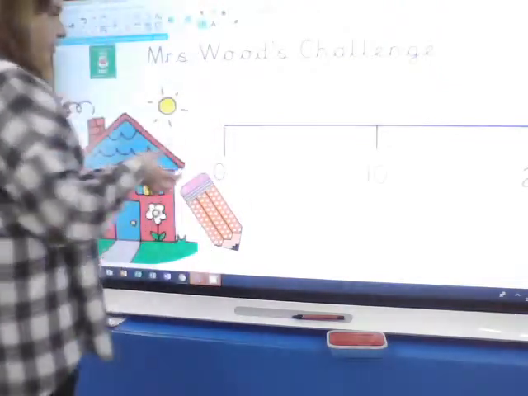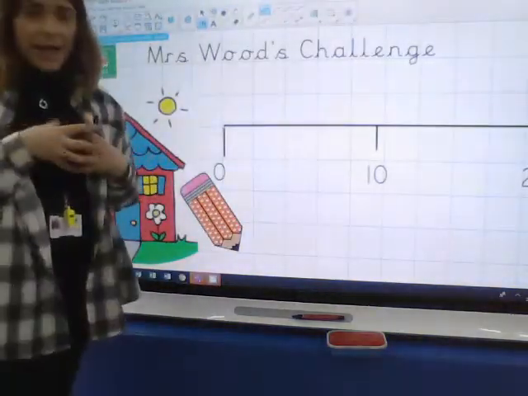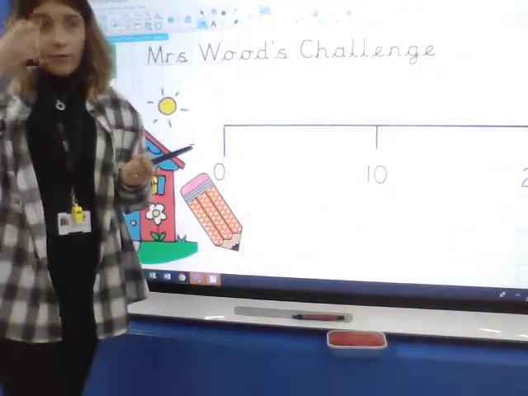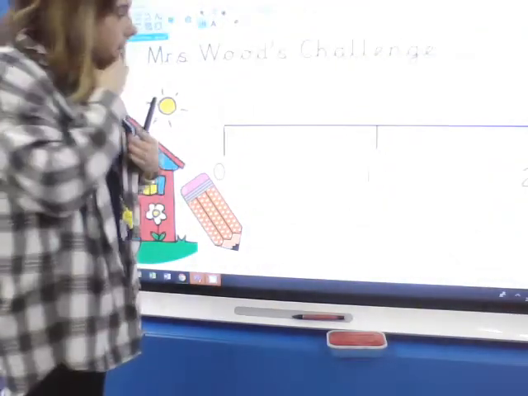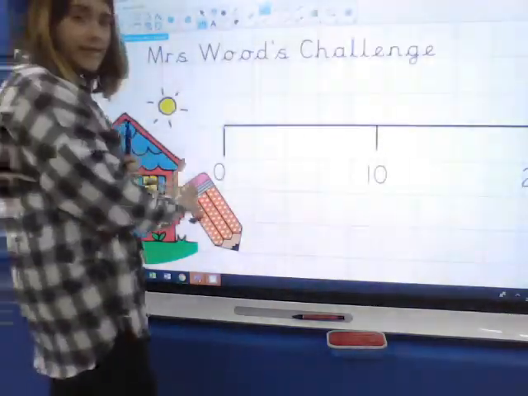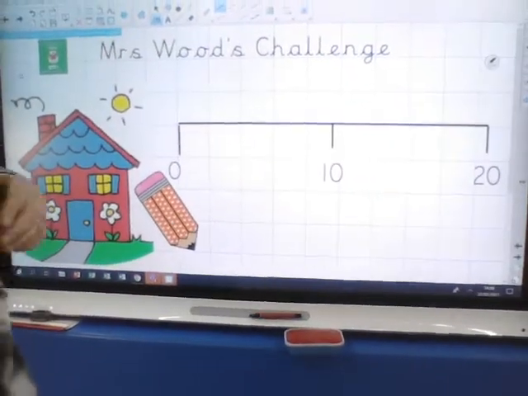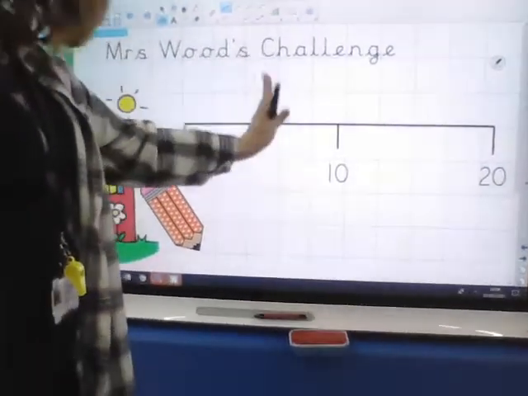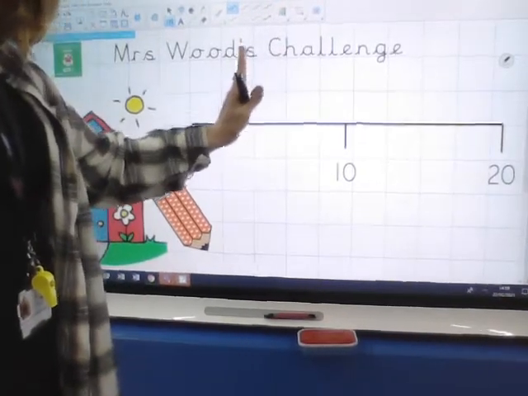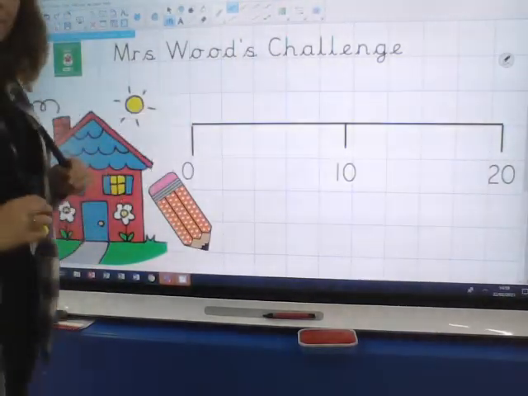Okay. Now I have got a challenge today. And my challenge is on your whiteboard for your grown up, and we can swap. I would like you to draw a number line from 0 to 20. Okay? And I would like you to write 0, 10, straight in the middle because 10 is in between 0 and 20.